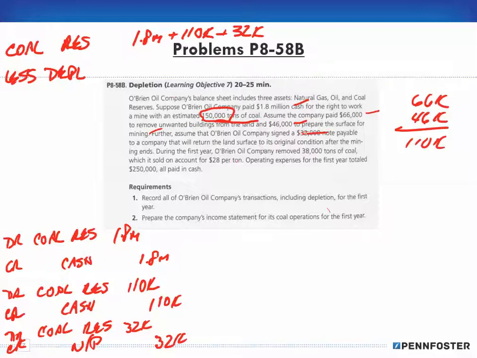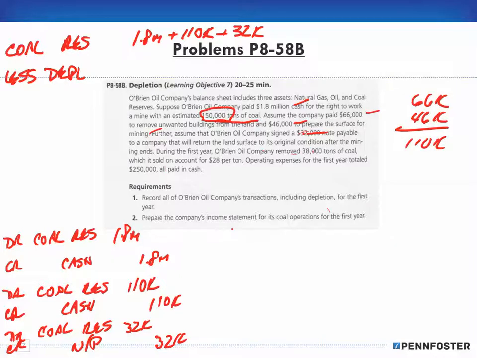During the first year, O'Brien removed 38,000 tons of coal, which sold on account for $28 per ton. Operating expenses for the first year totaled $250,000, all paid in cash.